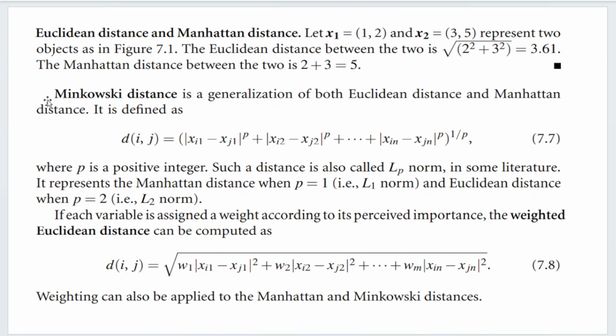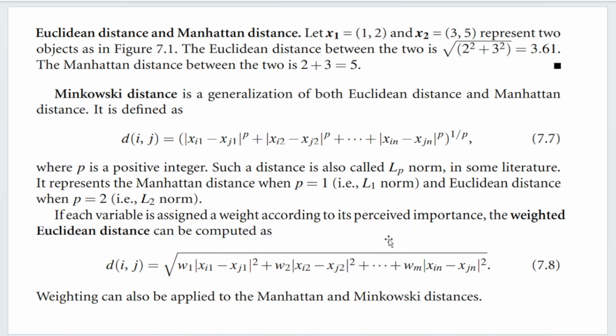And what is the Minkowski distance? This is a generalization of both the Euclidean distance and the Manhattan distance. So d of i comma j is equal to the mod of xi1 minus xj1 power p plus mod of xi2 minus xj2 power p, and so on, all to the power 1 by p, where p is a positive number. This distance is called the Lp norm, and it represents the Manhattan distance when p is equal to 1.